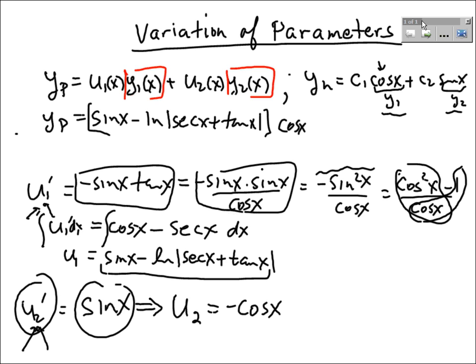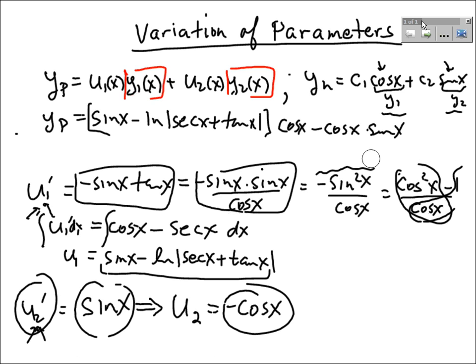There it is right there. Plus u sub 2, which is negative cosine x, I can put minus cosine x times y sub 2, which is sine x. That is y sub p.